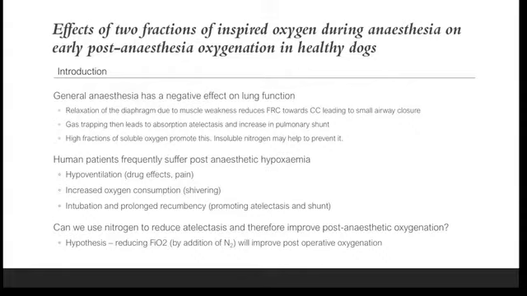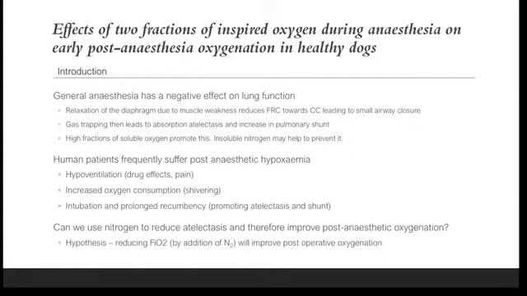In human patients, post-anaesthetic hypoxemia is a frequent complication, and that is likely to be multifactorial, due in part to hypoventilation, either caused by the residual effects of sedation or anaesthetic agents or analgesic agents, as well as by pain inhibiting expansion of the chest wall.